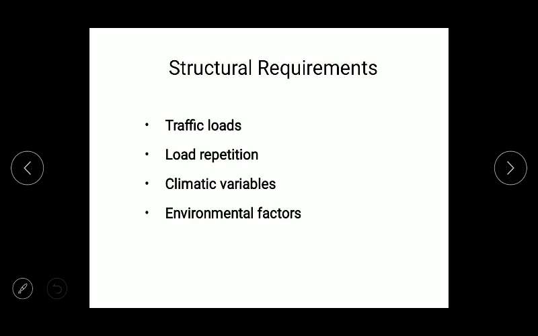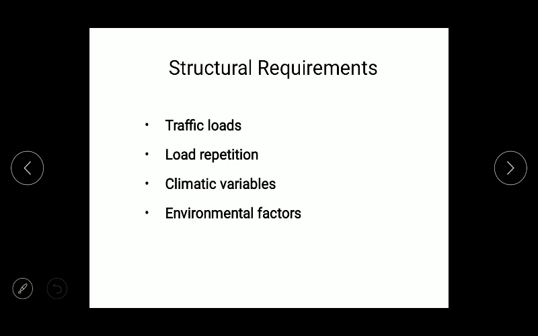Coming to the structural requirements, we have to consider some of the requirements such as traffic loads, load repetition, climatic variables, and environmental factors. Why do we need to consider these requirements? Because the stresses induced on the pavement must be within the permissible limits under the existing climatic and environmental conditions.